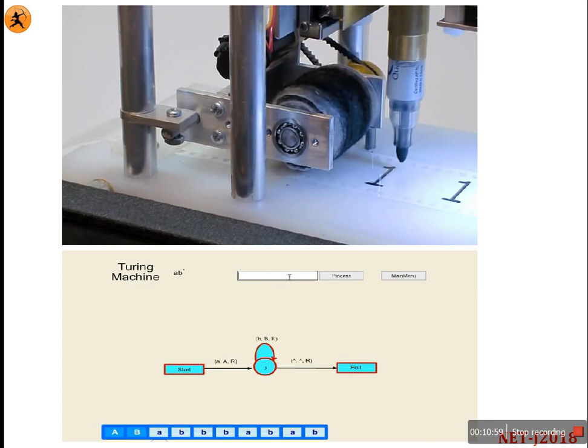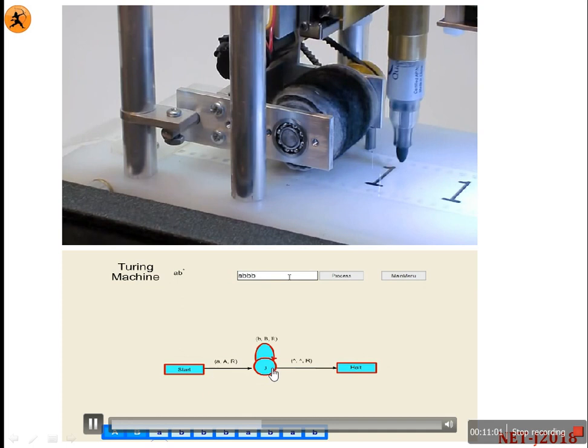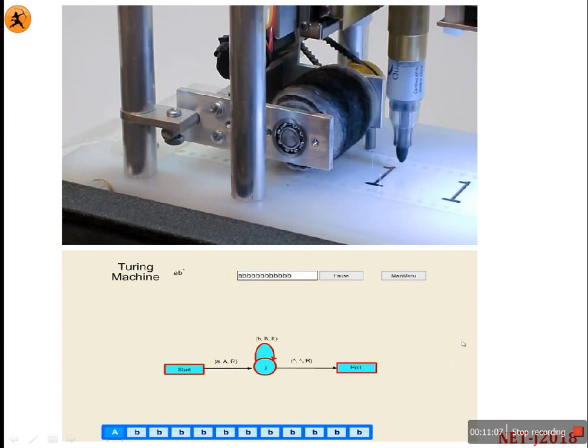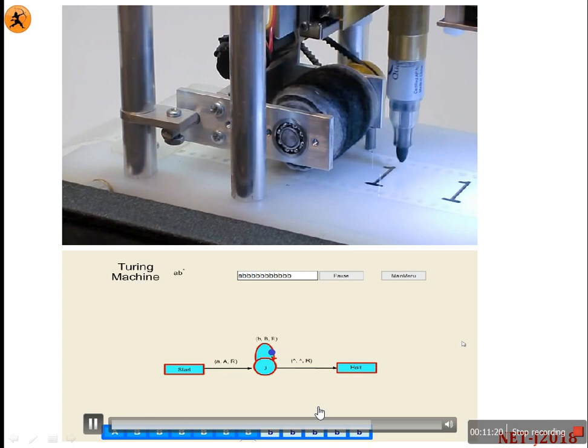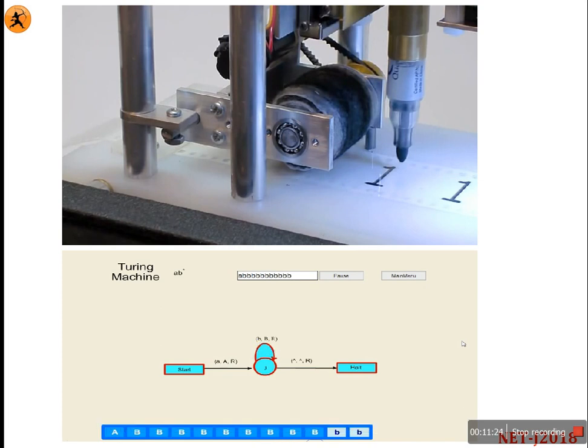If it is a b b b b b and stops, then it is accepted. A reads, and there is a self loop. This is exactly how the Turing machine works.